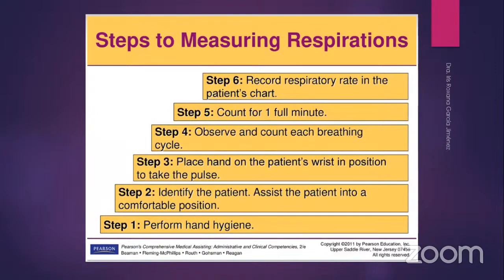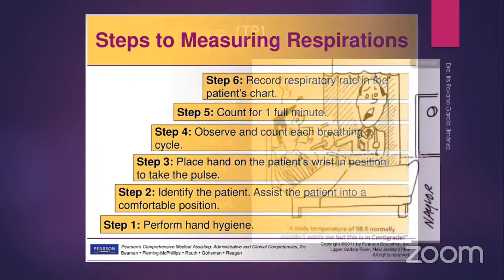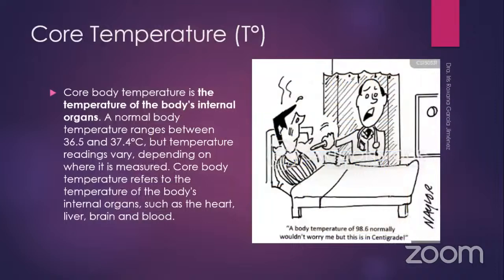We observe and count each breathing cycle for 1 full minute. And then again, perform hand hygiene and record the value. That's all. We learn it at college in med school, and then we can talk about it and practice on this.